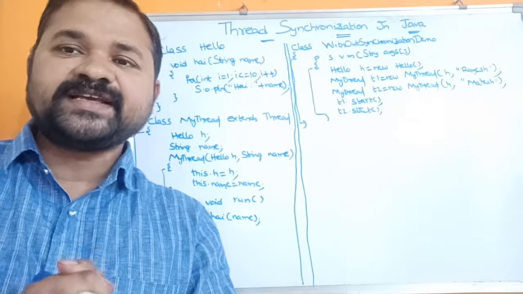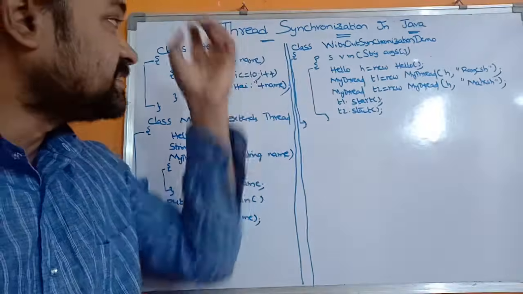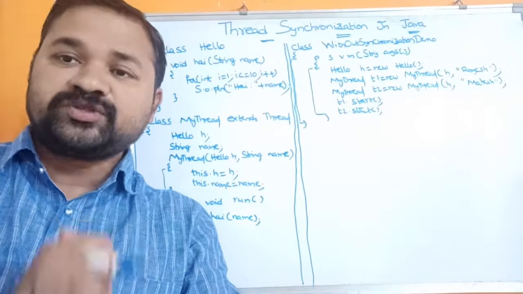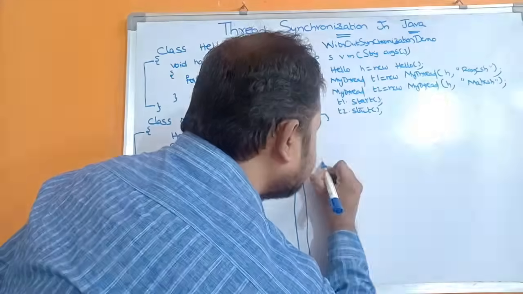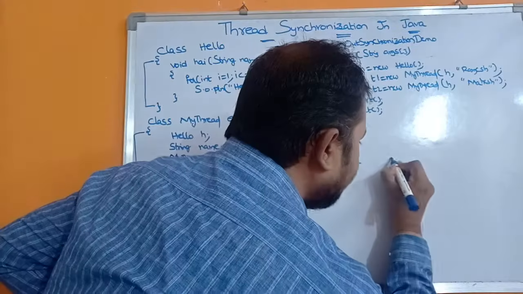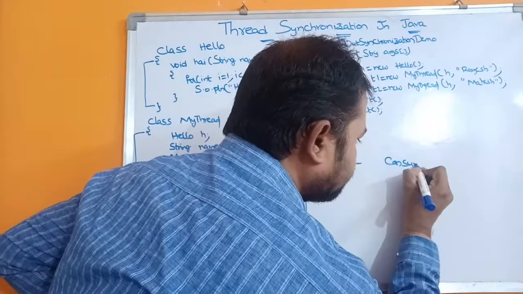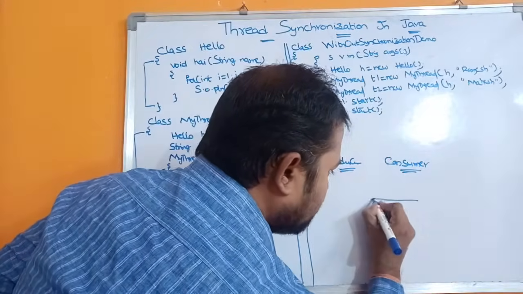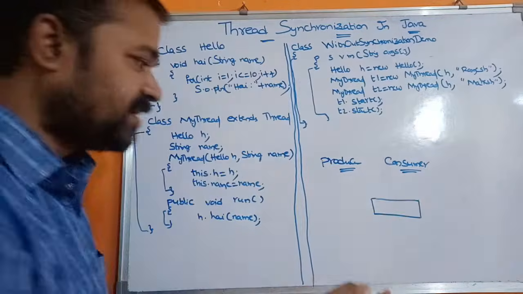First, let's see what is the need of thread synchronization. Let us assume that there are two threads. The first thread is the producer thread, whereas the second thread is the consumer thread. So let me have a shared buffer.